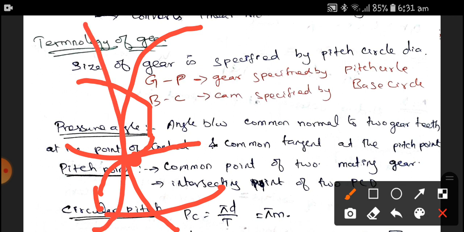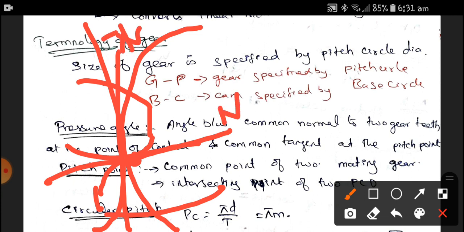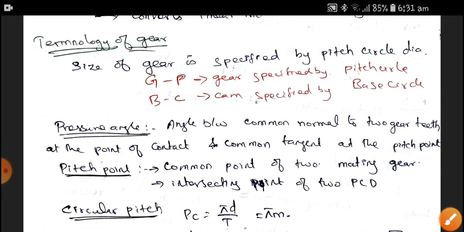This pitch point always has a common normal and tangent, so this normal and tangent represent the law of gearing. That is why the pressure angle and pitch point are very very important. It is the intersecting point of two pitch circle diameters. When two opposite teeth are mating, the intersecting point of the two pitch circle diameters is called the pitch point.